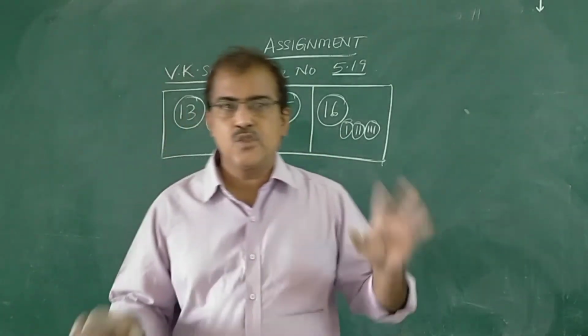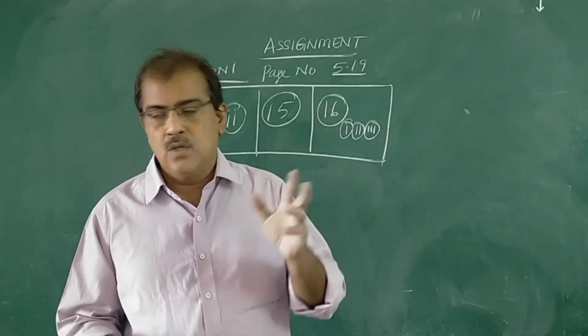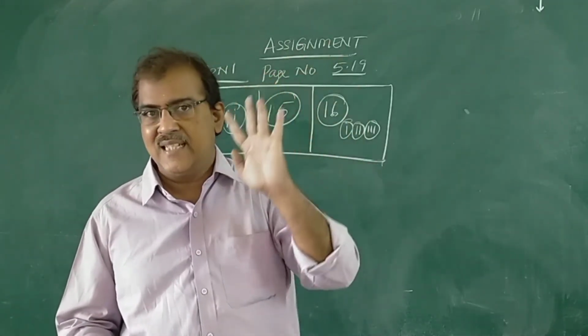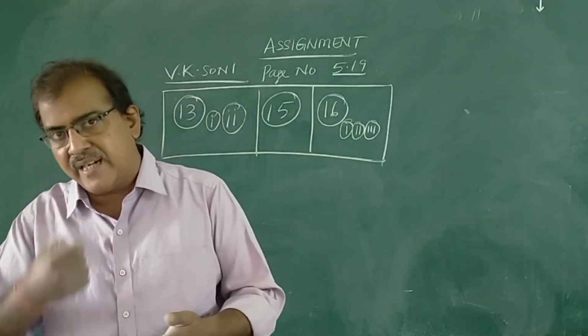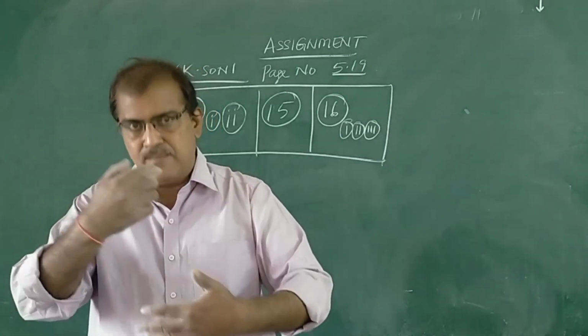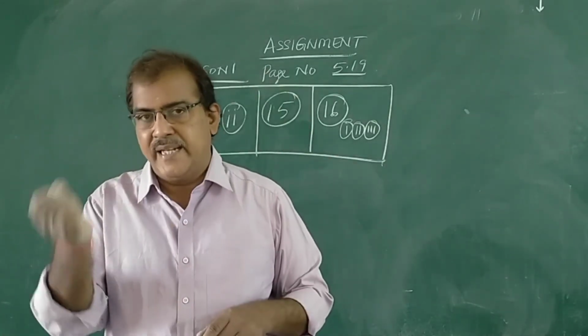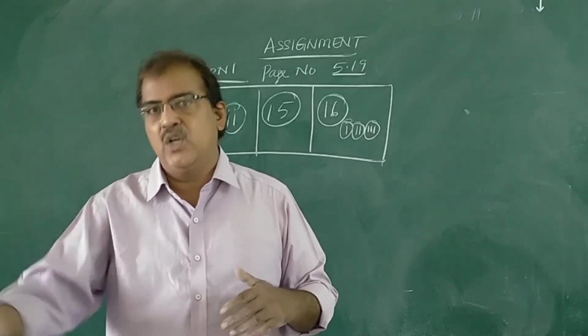Solve these 6 questions and send them to my personal number on Telegram. Those 4 questions are the original actual assignment. All of you, practice those questions once or twice, and don't copy. Practice once or twice, and once again write them without seeing, and send them to your class teacher. Okay.